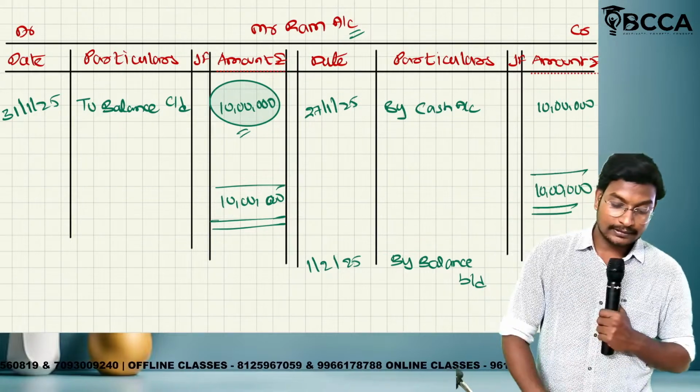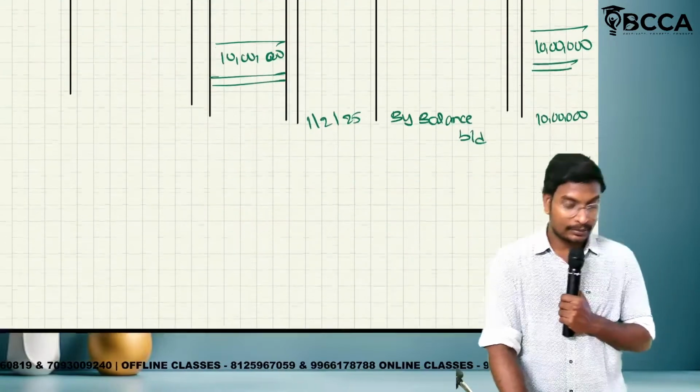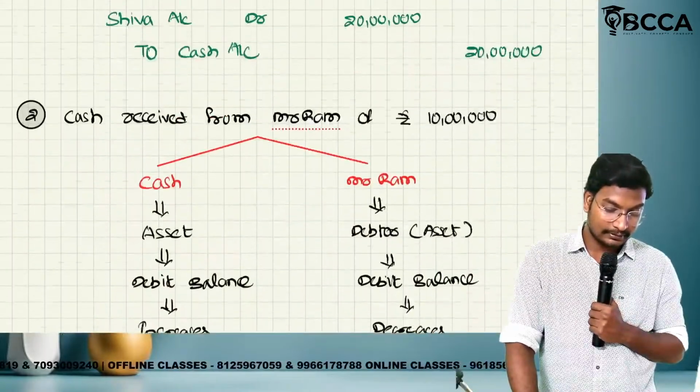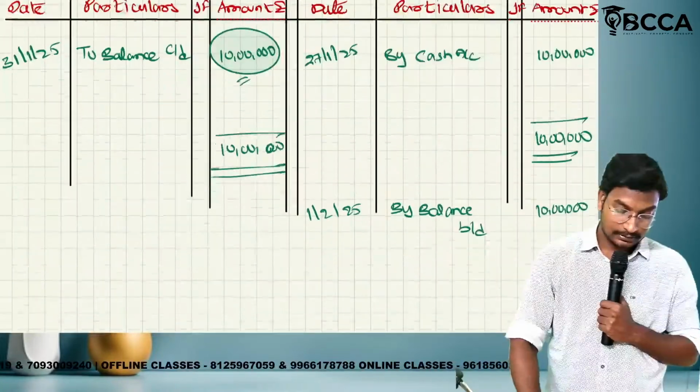So let us take another example. Example number 3. Two journal entries are completed.